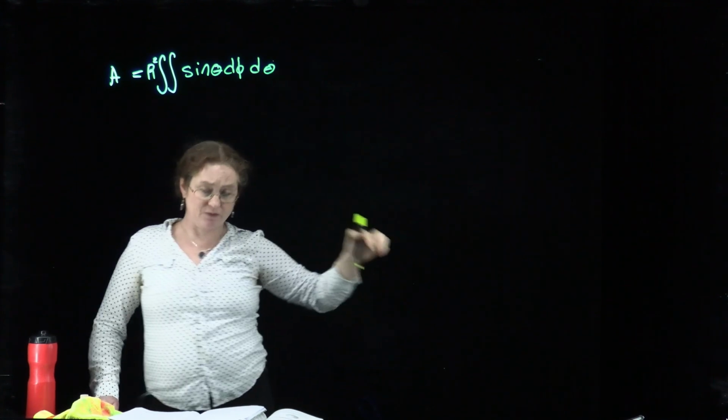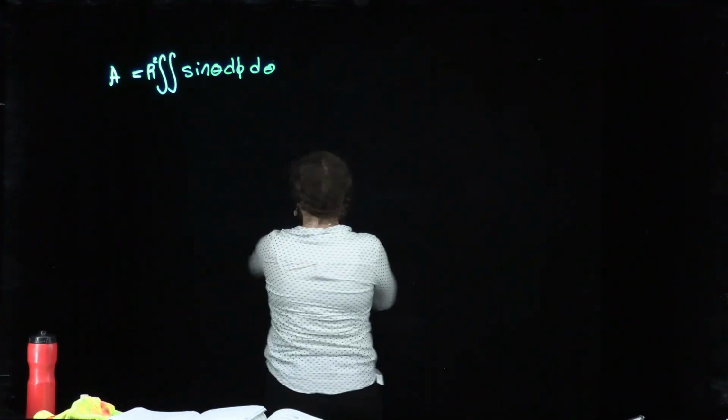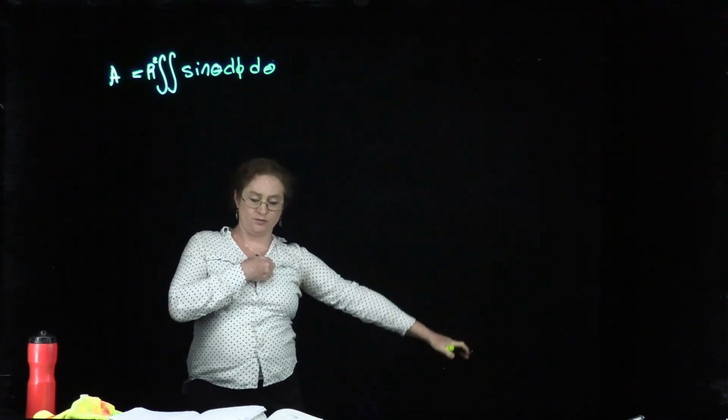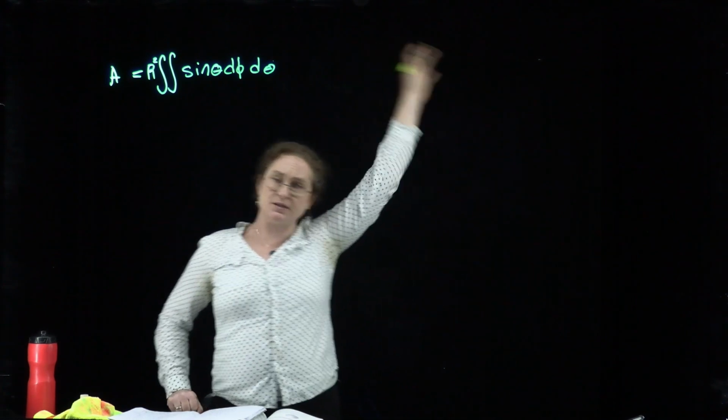Here I'm using phi as the angle around in the xy plane, and theta is the angle from the normal, from the z-axis.